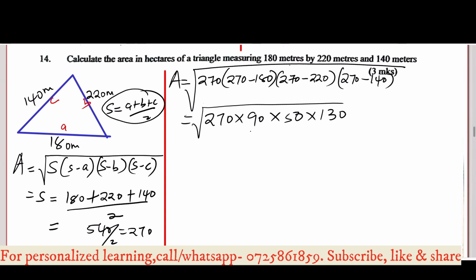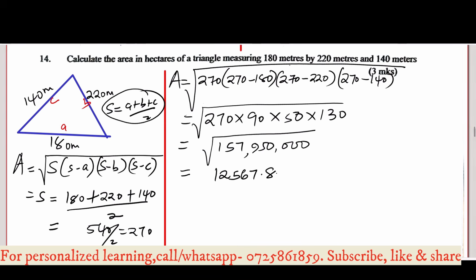Once you multiply the whole of these, 270 by 90 by 50 by 130, that will give 157,950,000. You get the square root of that, and it will give 12,567.8 meters squared.